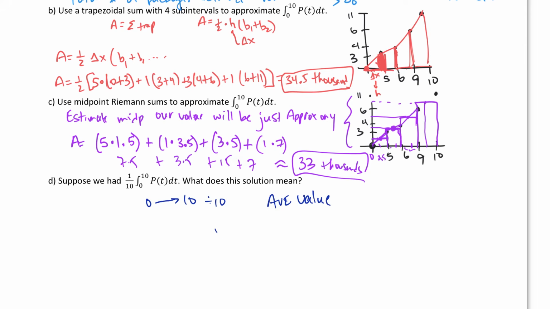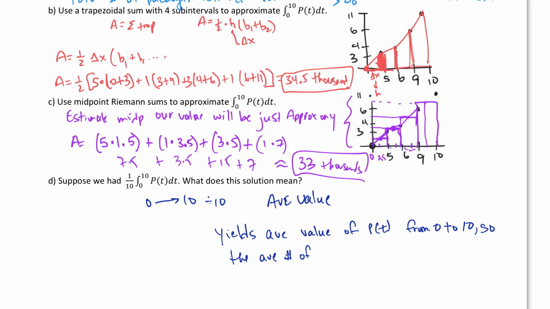So this yields the average value of P of t from 0 to 10. So the average number of packages delivered per hour.